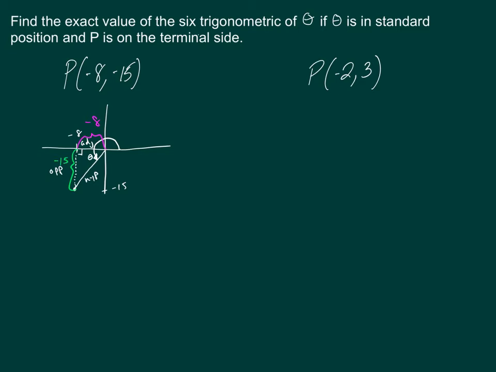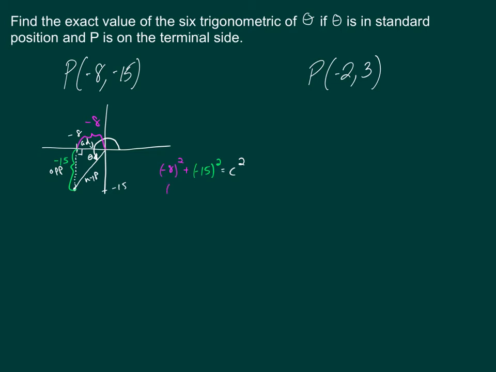We don't know what that is, so let's take a very quick Pythagorean identity here, which would be negative 8 squared. I'll call that a, plus negative 15 squared equals c squared. C is always the hypotenuse.